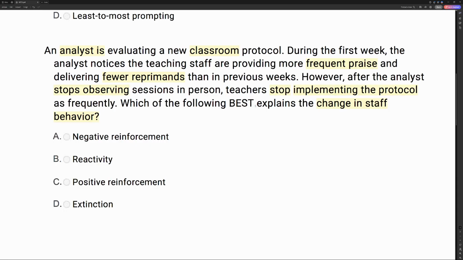Extinction might explain it, but we don't know what the analyst was doing when the staff were doing the protocols correctly. All we know is the analyst was there, behavior was happening, analyst wasn't there, behavior changed. That is an example of reactivity, when behavior changes in response to the presence of a stimulus, typically a person or observer.